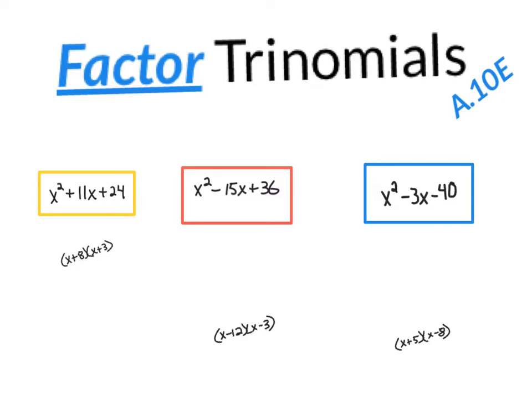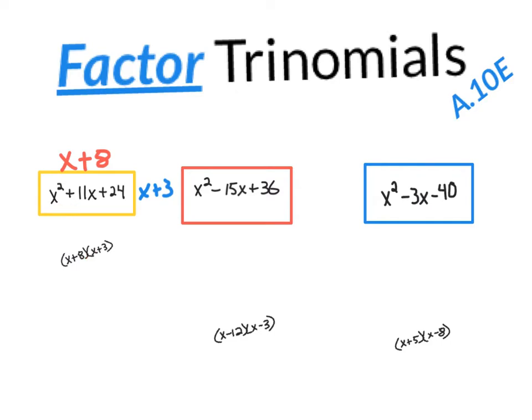So basically what we would be saying is that the length could be x plus 8, and the width could be x plus 3. So a binomial times a binomial will give you this trinomial. You have learned how to multiply these two binomials.